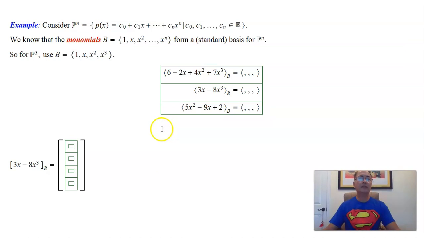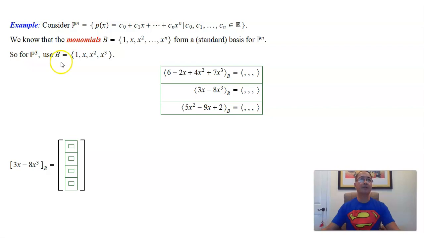All right, so let's start with a situation where the finding of coefficients is a very natural process. So we know that for Pn, the monomials 1, x, through x to the n, where n is the highest power that you are allowed in Pn, these monomials form something like a standard basis for Pn.